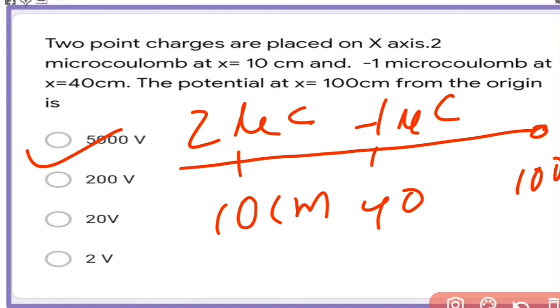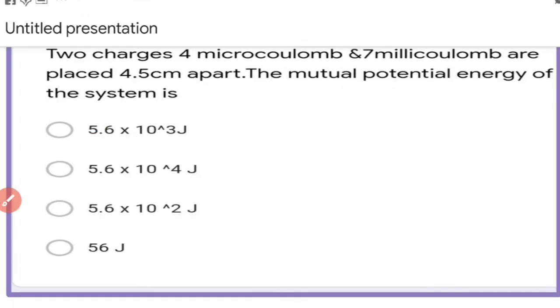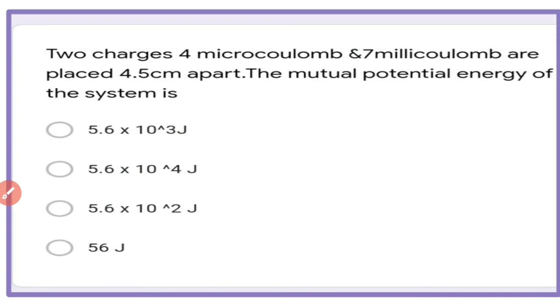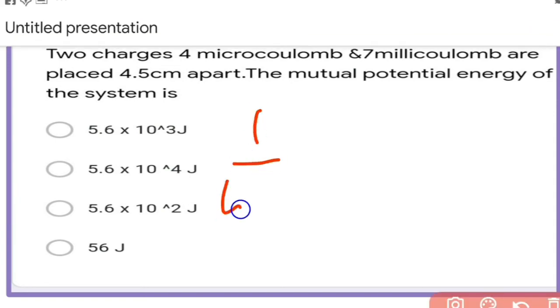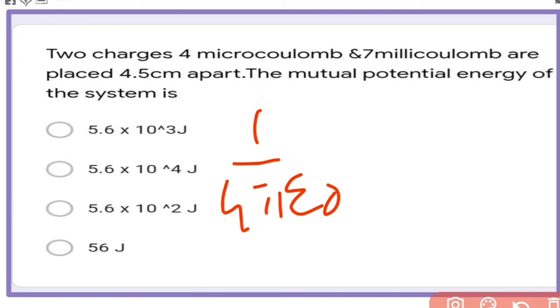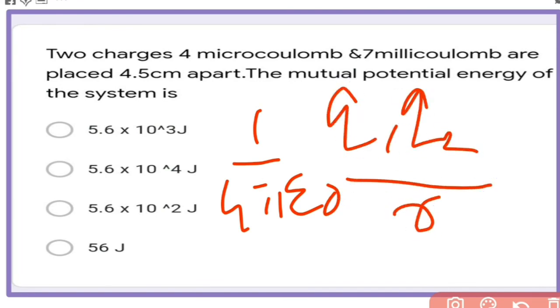Do the calculation yourself. Then next one, 2 charges 4 microcoulomb and 7 millicoulomb are placed 4.5 centimeter apart. Mutual potential energy of the system. Mutual potential energy is given by what? 1 by 4 pi epsilon 0 Q1 Q2 divided by R, where R is the separation between the two charges.